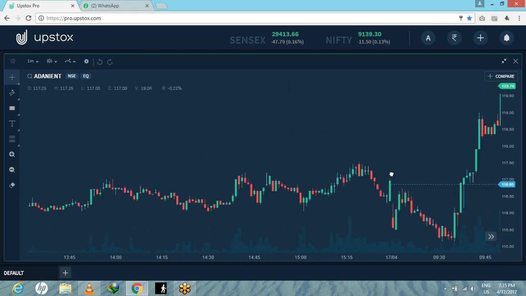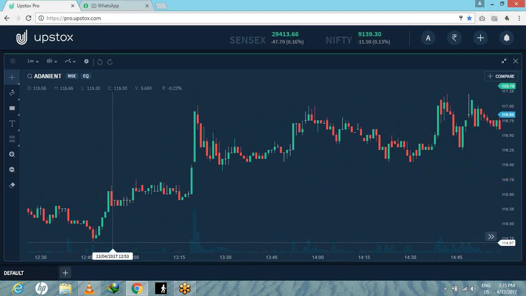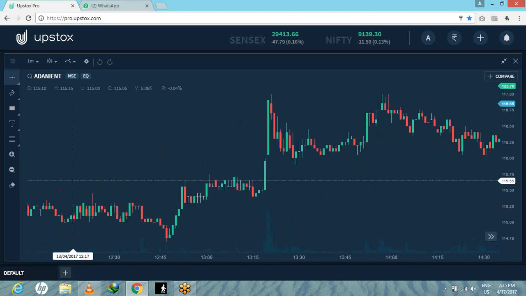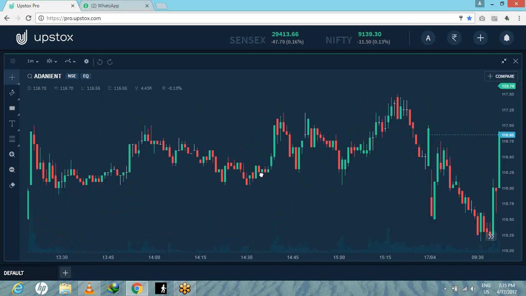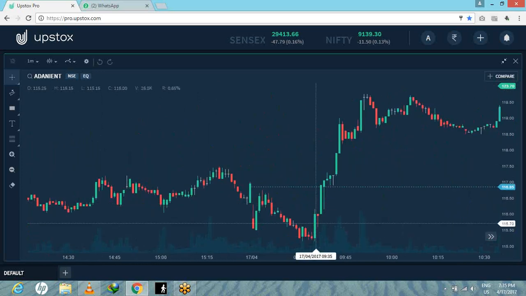The support is generated from the last trading days. See here, 115.3, it's a good support. See here also, around 114, it's my support level. So from here it has gone very high, since it is very near to my support level.